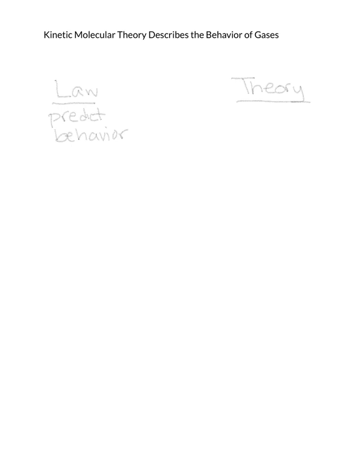So for example, we had Charles's law, which related volume and temperature, and it said that if I took a gas at a certain volume and temperature combination and I kept the pressure and the number of moles constant, and then I either heated it up or changed the volume, the relationship V1 over T1 equals V2 over T2 had to be observed. This is a law. It helps me predict what happens to a gas when I heat it or cool it when pressure and moles are constant. Making predictions is the job of a law.